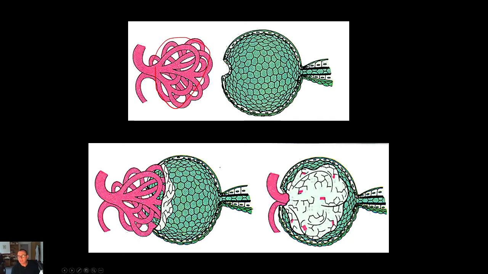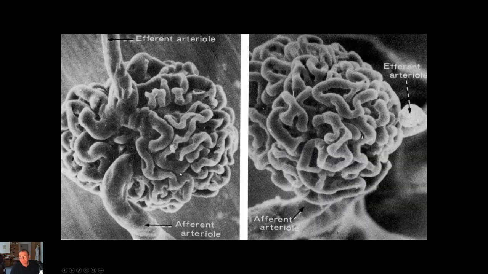And that's why Bowman's capsule then contains its parietal layer, which is composed of simple squamous epithelium, and its visceral layer, which is covering all surfaces of all capillaries inside. And it is composed of very special epithelial cells. I will describe them in a moment.